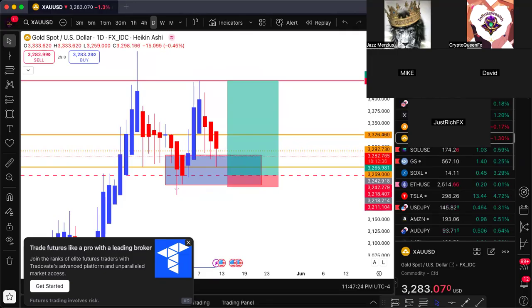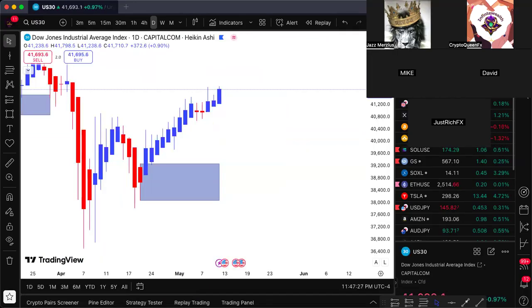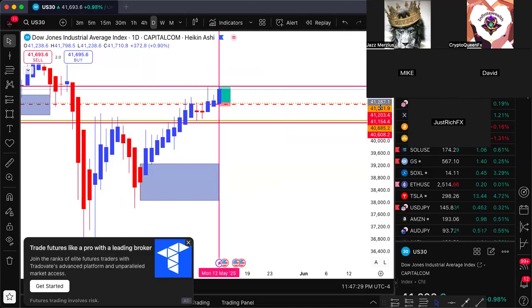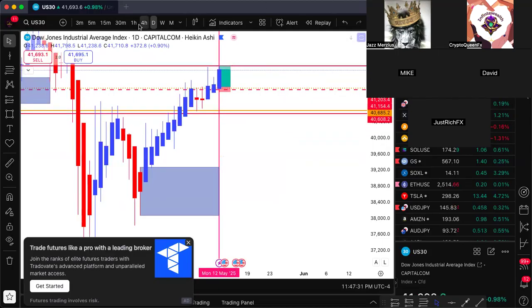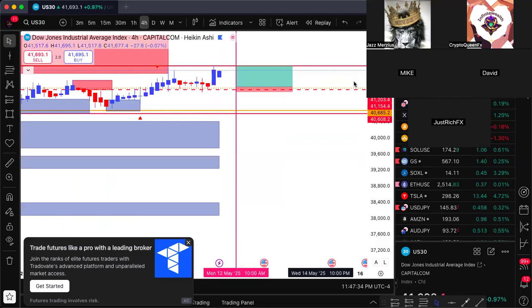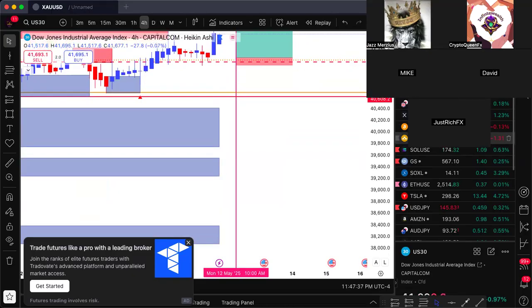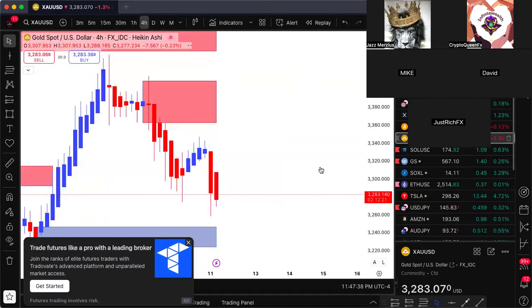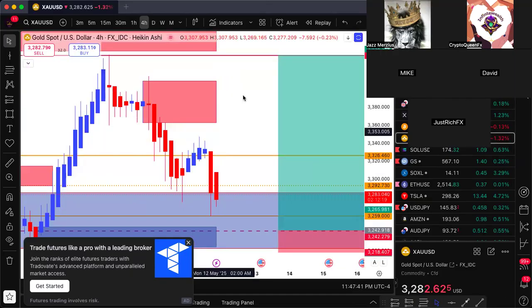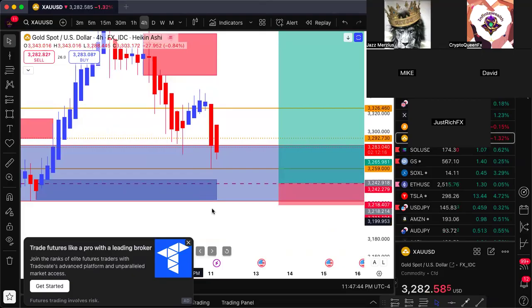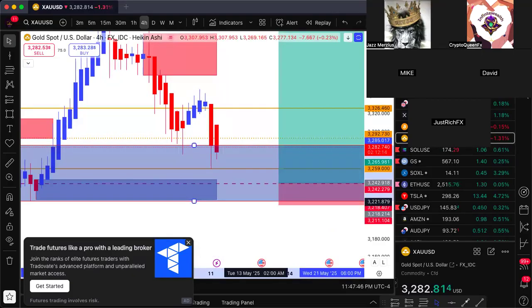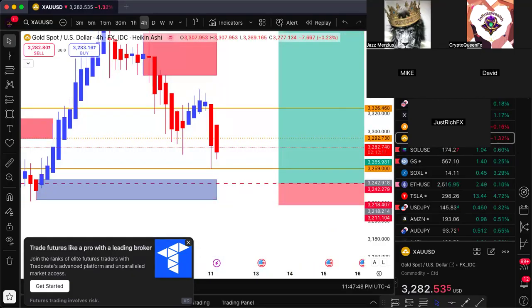So for the 30, I'm looking for a buy here. And I look for my buy during New York session. For gold, I look on the first candle after London. So the first candle, like around 6 o'clock in the morning, you can see which way gold is getting ready to move.